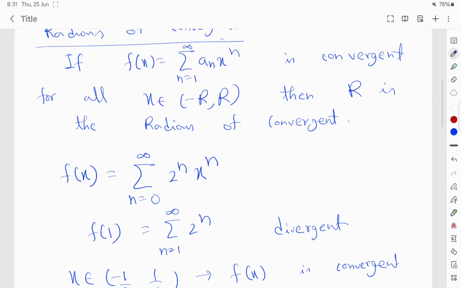Now I come to the point of how to find the radius of convergence.